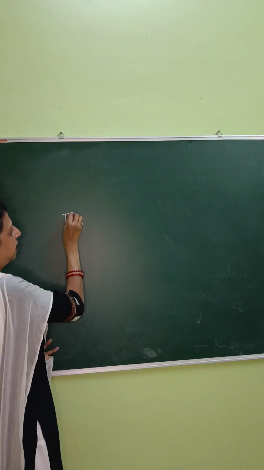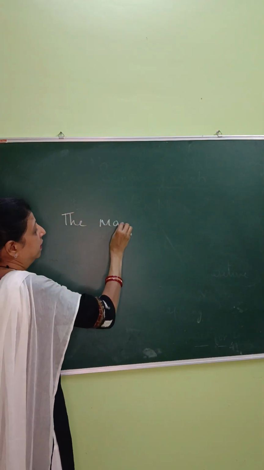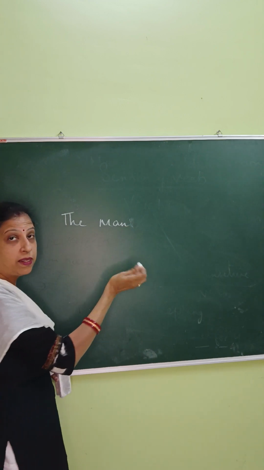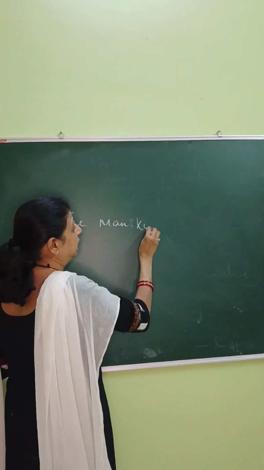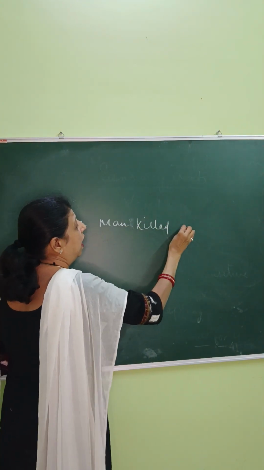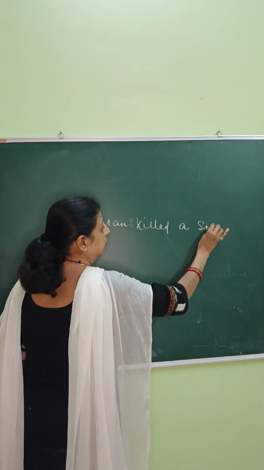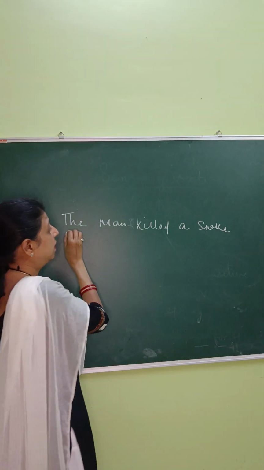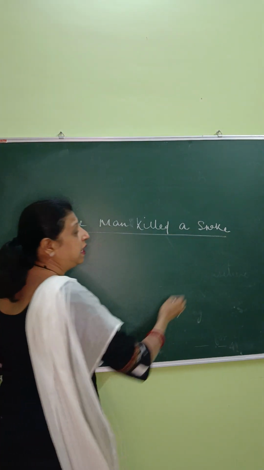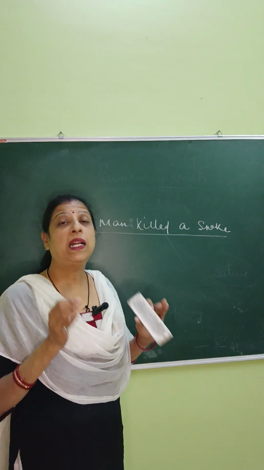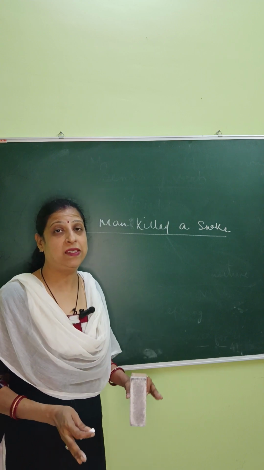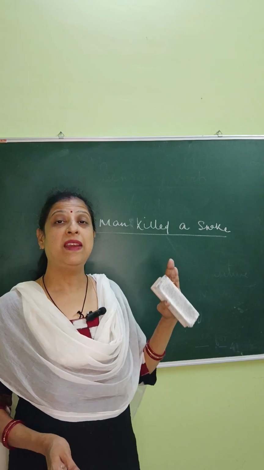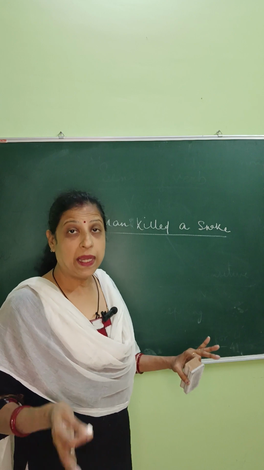Now just look at the sentence. The man killed a snake. Here, this sentence is a complete sentence, or it makes complete sense. Why?